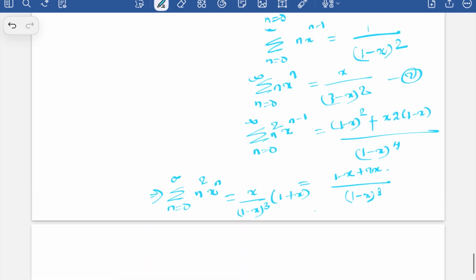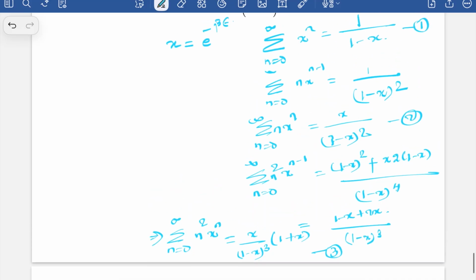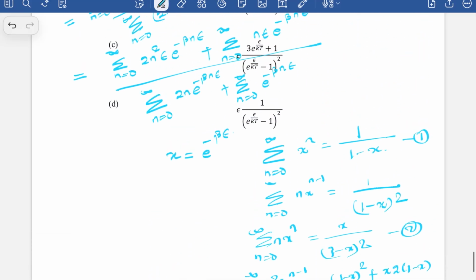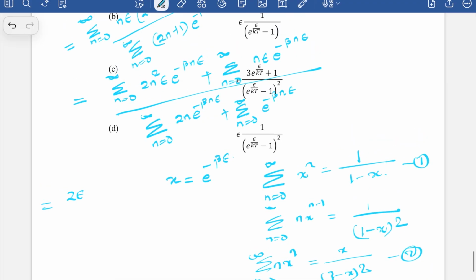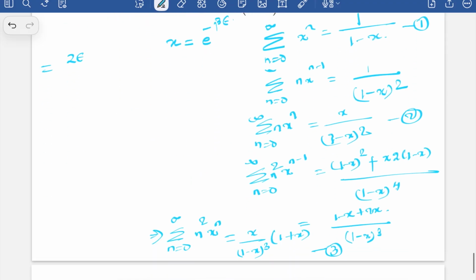So we will take these three equations 1, 2 and 3 and substitute here. As you can see, the first equation is 2e. I can write this one as e to the power summation over n goes from 0 to infinity n square x to the power n, and I will substitute this relation.